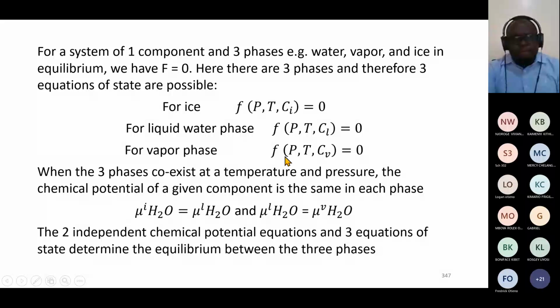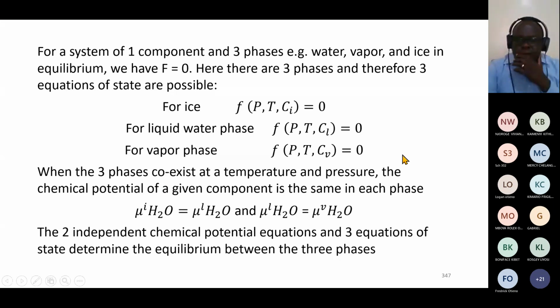So we have 3 equations of state for the 3 phases. Now, when the 3 phases coexist at a temperature and pressure, the chemical potential of a given component is the same in each phase. Okay.